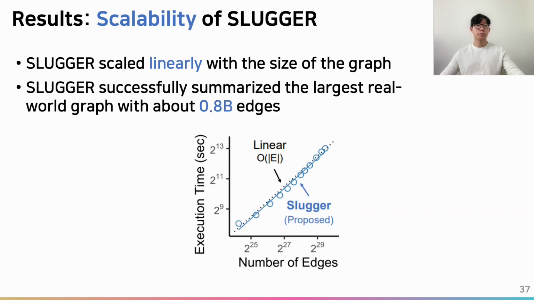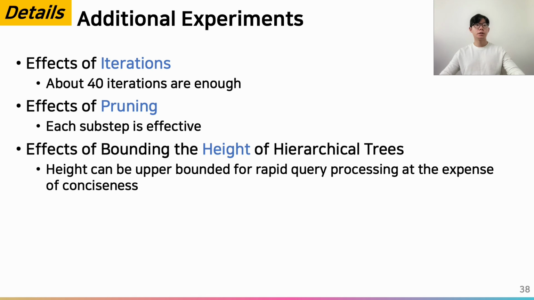In terms of scalability, SLUGGER scaled linearly with the size of the input graph, as proven theoretically in the paper. Moreover, only SLUGGER and SWAG successfully summarized the largest graph with about 0.8 billion edges, while all others failed. In addition, we conducted additional experiments regarding the effects of iterations, pruning, and bounding the height of hierarchical trees. For details, please refer to the appendix of our paper.